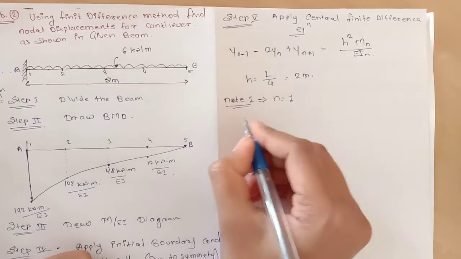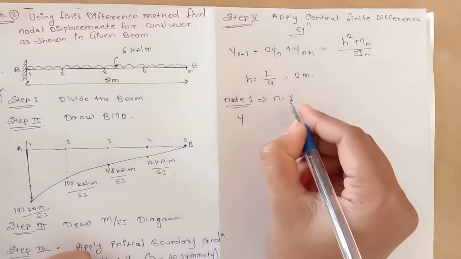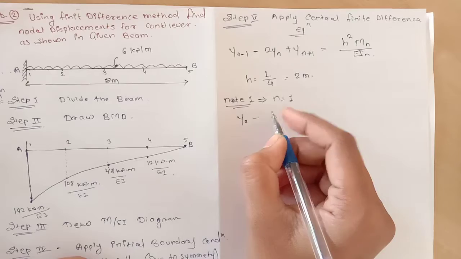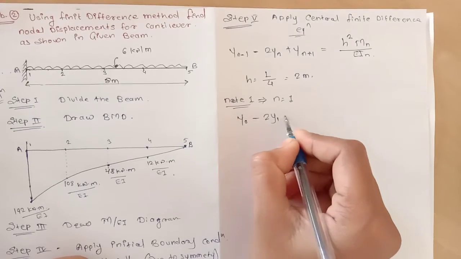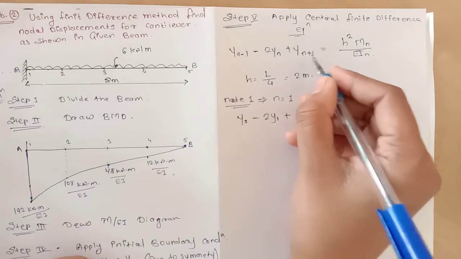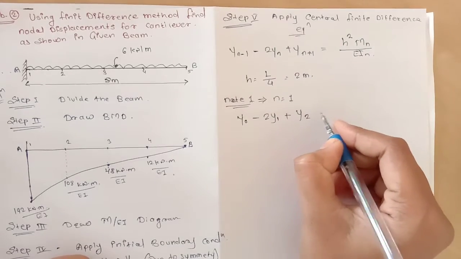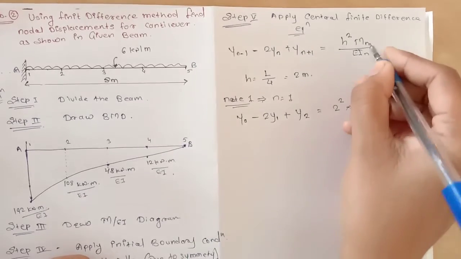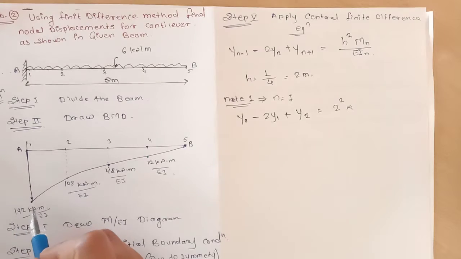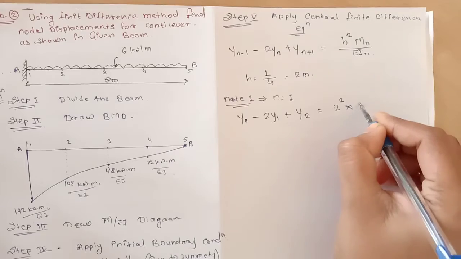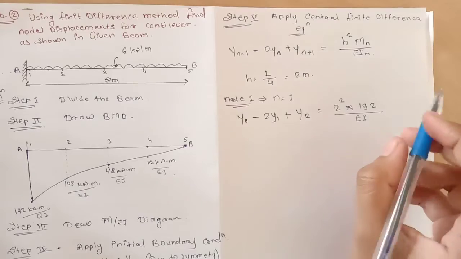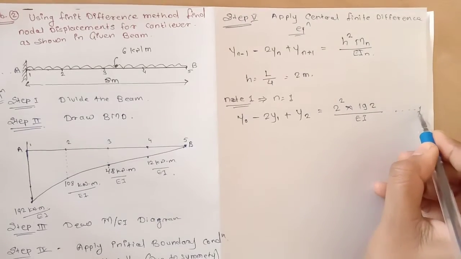So our equation is y base n minus 1, where n is 1, so 1 minus 1 is 0, minus 2y1 plus y base n plus 1, that means y2, is equal to h square into M. Our h is 2, and at the first nodal point our moment is 192 divided by EI, as EI is constant. This is equation number 1.